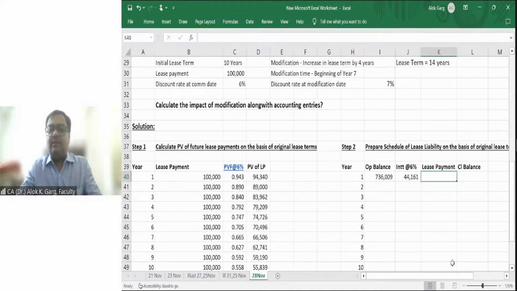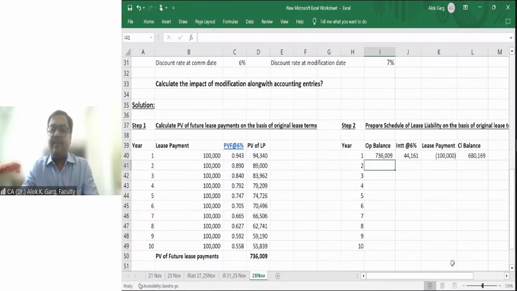The payment is happening at the end of the year, 1 lakh rupees. Closing balance is this plus this plus this. So closing balance at the end of year 1 is 680. This will become the opening balance of year 2.